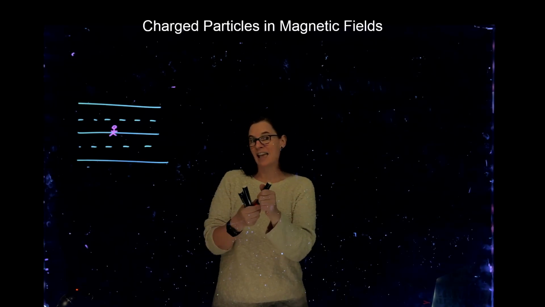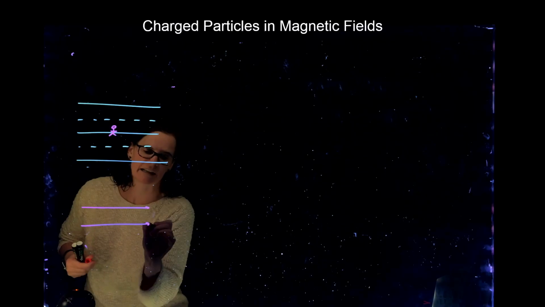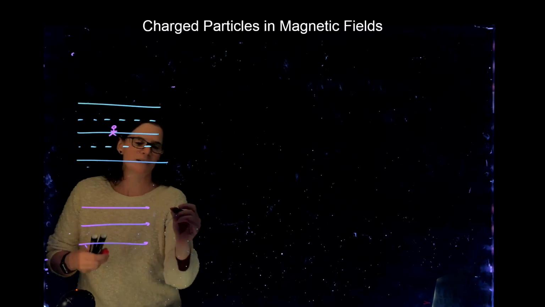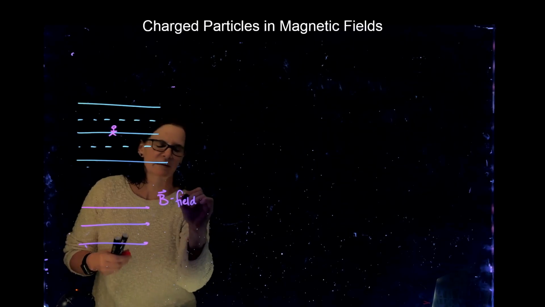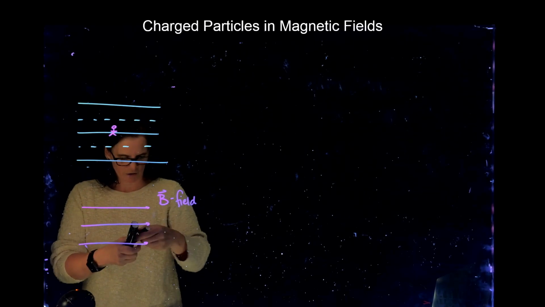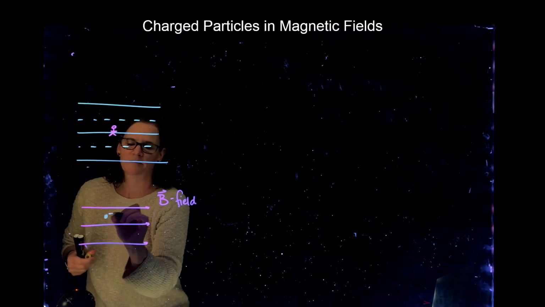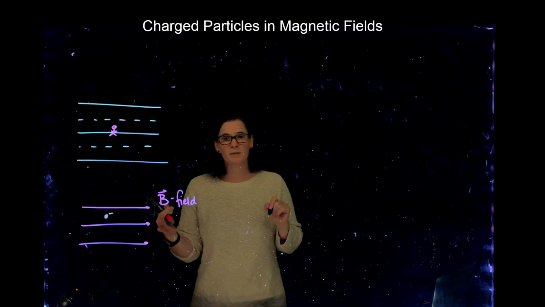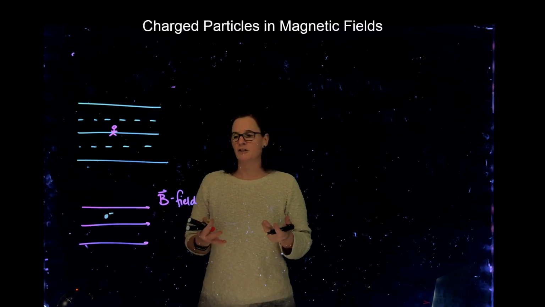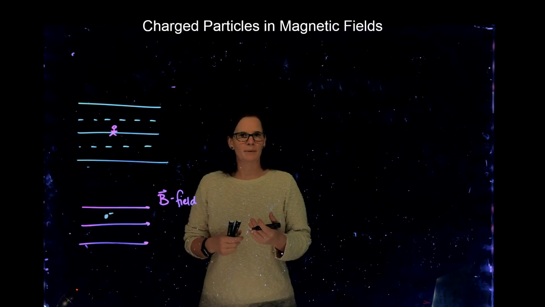Similarly, if, instead of a 4-lane highway, I had a magnetic field, and a charged particle was just there stationary, I'll just make it a negative charge for today, sitting there stationary in that magnetic field, then nothing would happen.